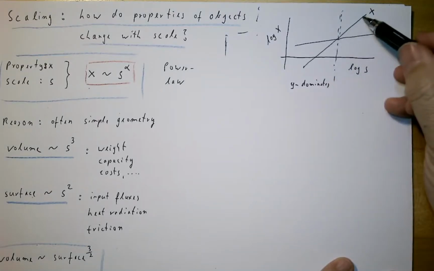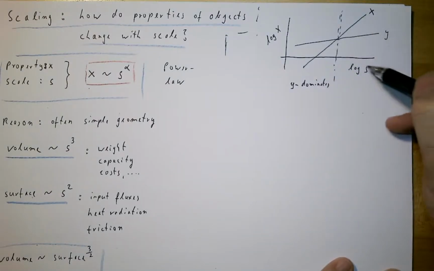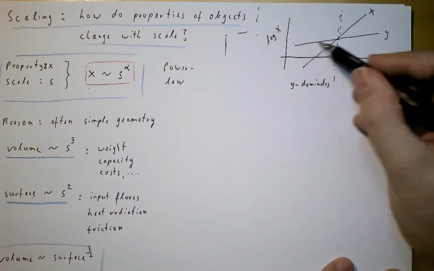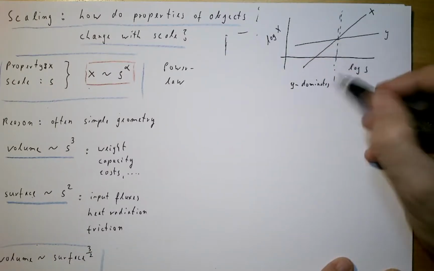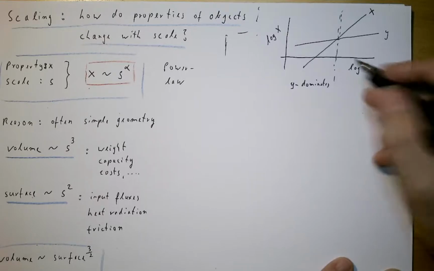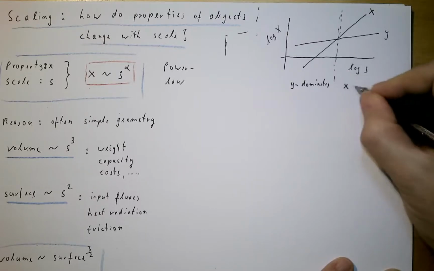For example, if this were volume and surface, then for small scales the surface would dominate. But then for large scales, x dominates.